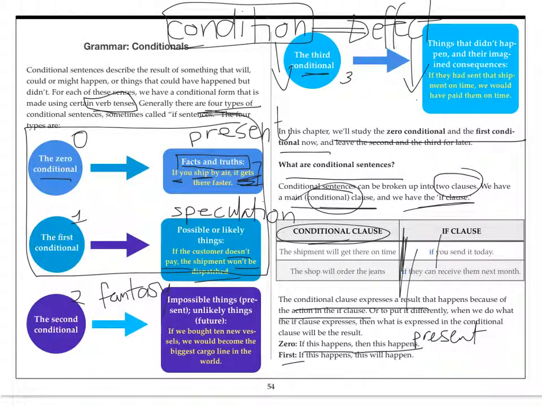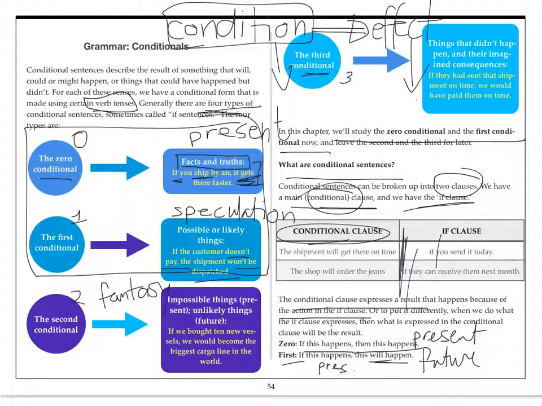With the first conditional, the if clause is present and the conditional clause is future, right? And actually it doesn't matter whether it's the future with will or going to, it can be any form of the future, but that conditional clause always has the future.